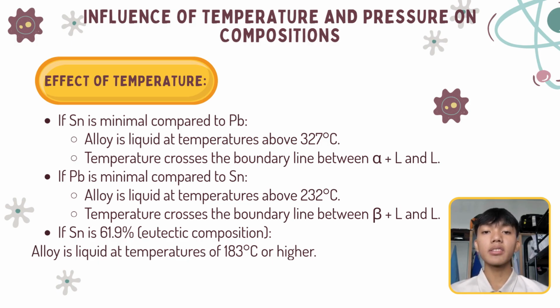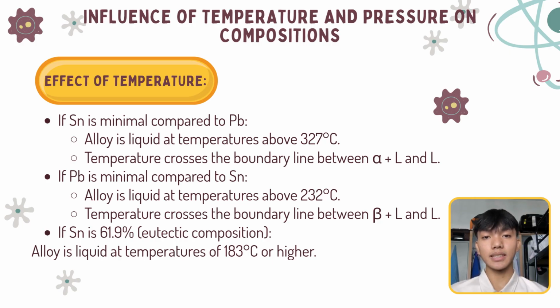Similarly, at the eutectic composition of 61.9 weight percent of Sn, the alloy undergoes a unique transformation where it melts completely at a much lower temperature of 183 degrees Celsius, forming a liquid directly from a mixture of solid alpha and beta phases.